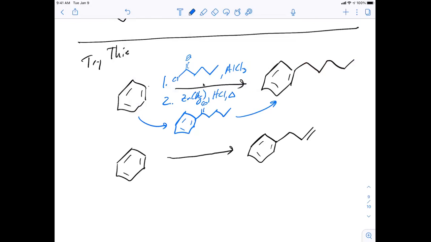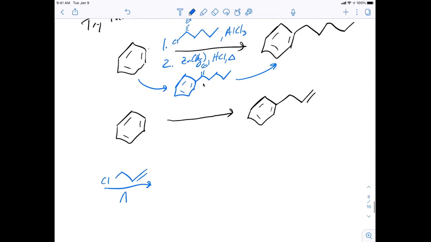In the second one, okay, questions about the first one? Okay. In the second one, could I do alkylation? Plausibly here, right? Because if I look at it, I could have started with this and AlCl3, and what that would have given me would have been this carbocation, which is stabilized by delocalization.